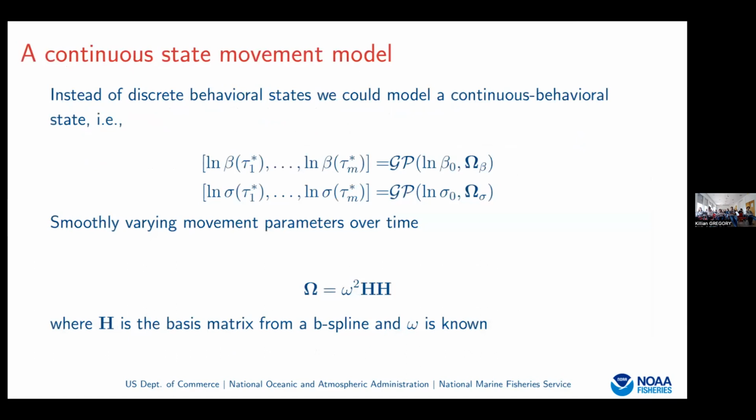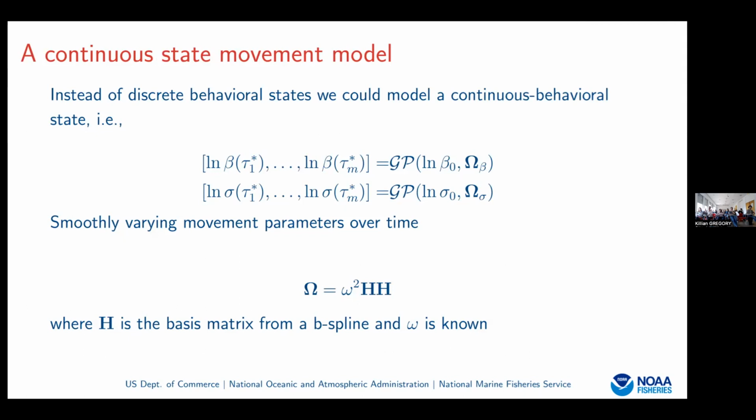So let's look at this continuous state movement model. Instead of those discrete states, for each one of those time knots we can have a different value of beta or sigma. Those are the two correlated random walk parameters. And it varies in time with some sort of covariance, like a time series model through time, instead of the Markov switching.